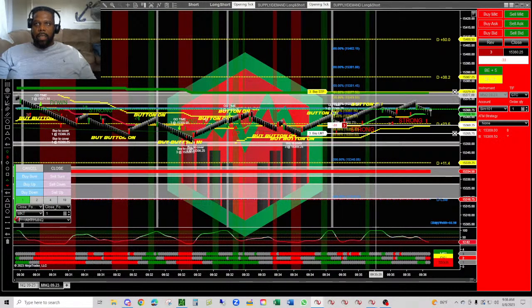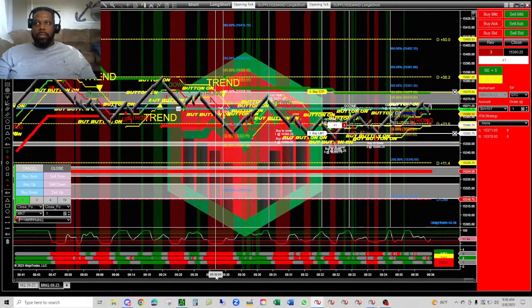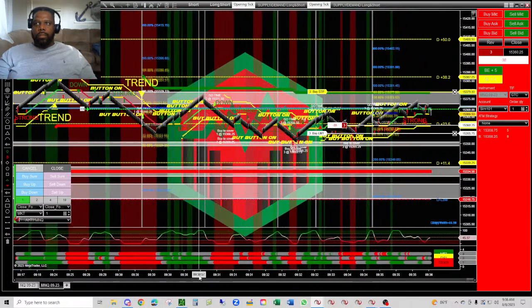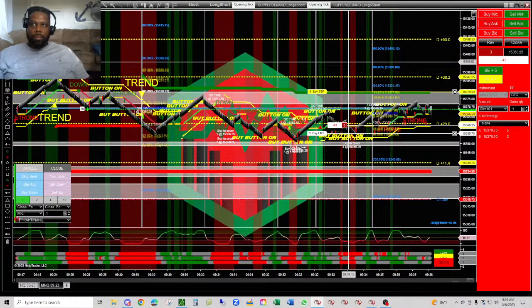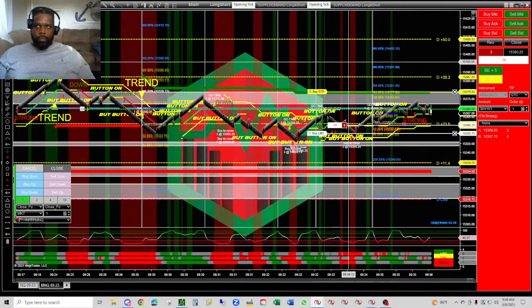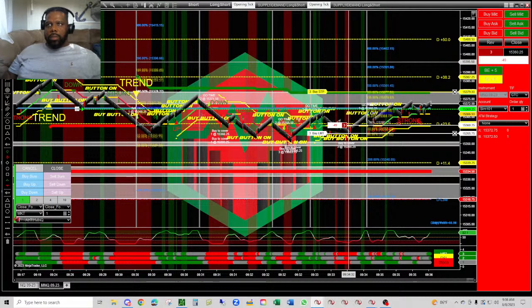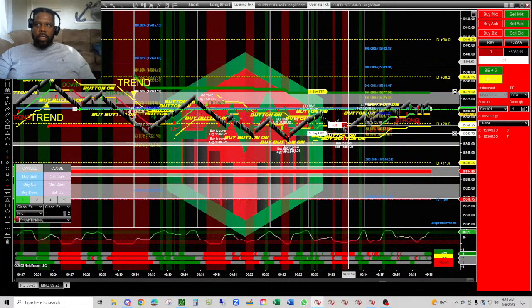But again, like I said, we got this shaded area up here. So we're going to see what they're going to do. Seems like they're struggling a little bit to get past this area.